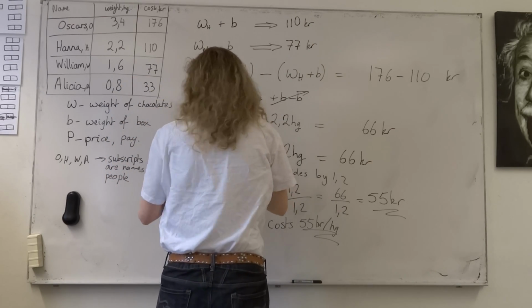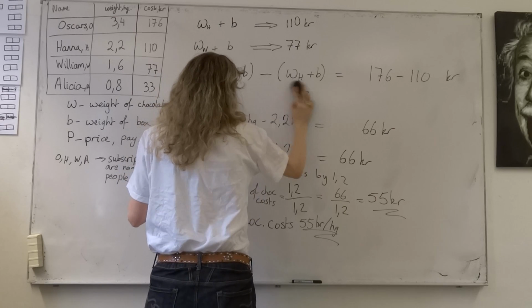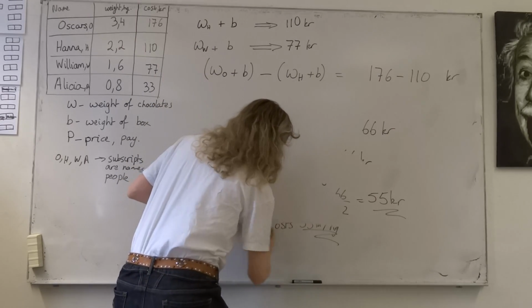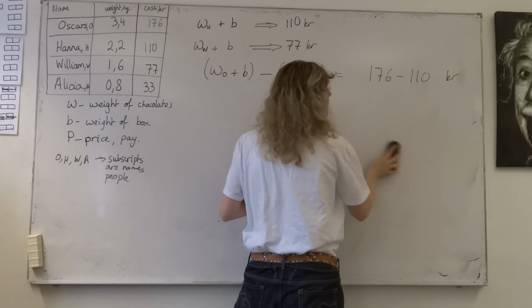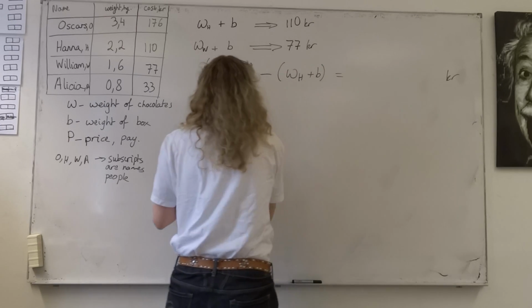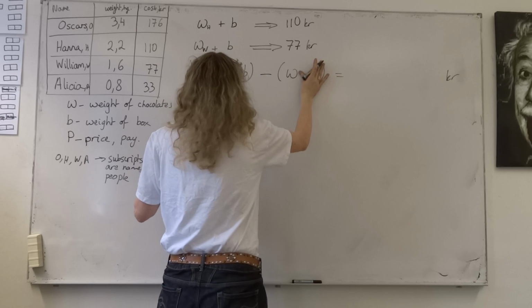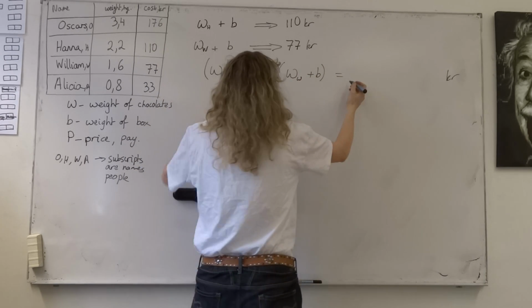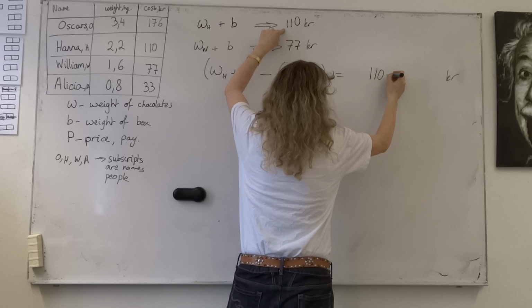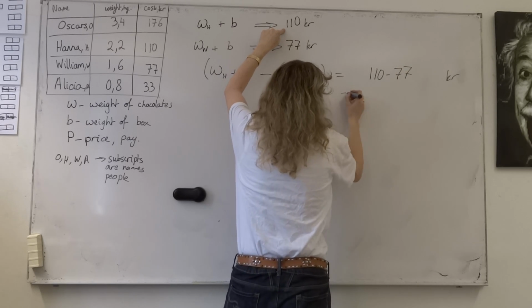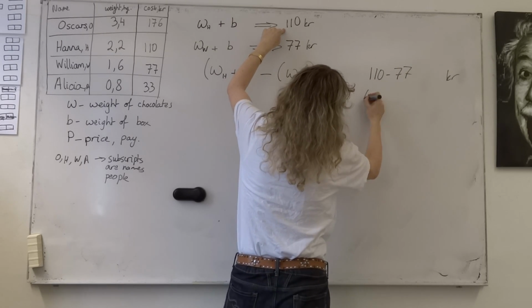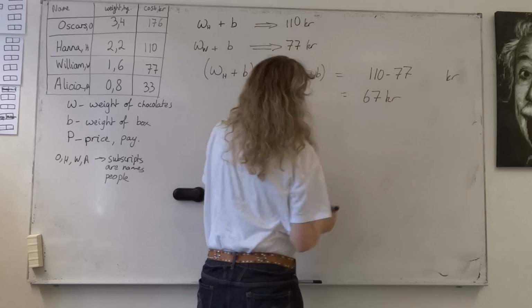So let's do the whole thing again. Check that we get 55 kronas per hecto, because if we don't, we've done something wrong. So we want the weight of Hannah minus the weight of William's. And it should equal 110 minus 77, which we know is 67 kronas.